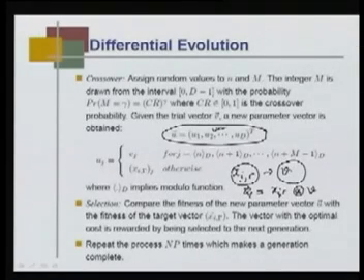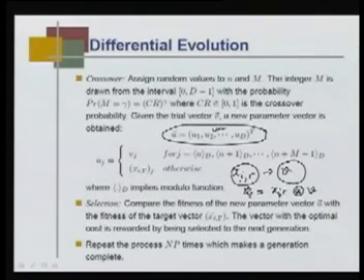So, now we have to find out the fitness of x i and the new parameter vector u. If u's fitness is better than the target vector, then u becomes the parameter vector in the new population. Okay. So, among these two, one of them will be selected to the new population based on the fitness. So, only the target vector and the corresponding new parameter vector have their fitness compared.